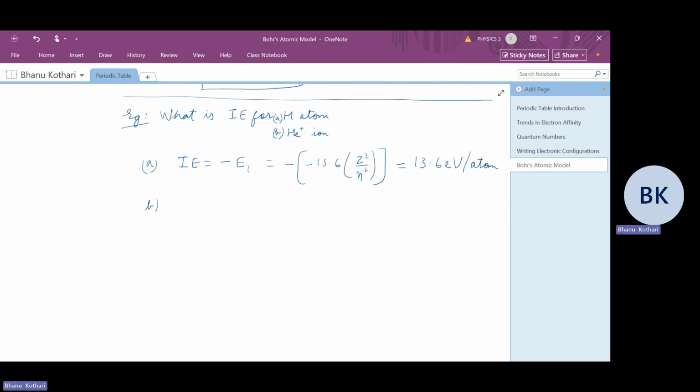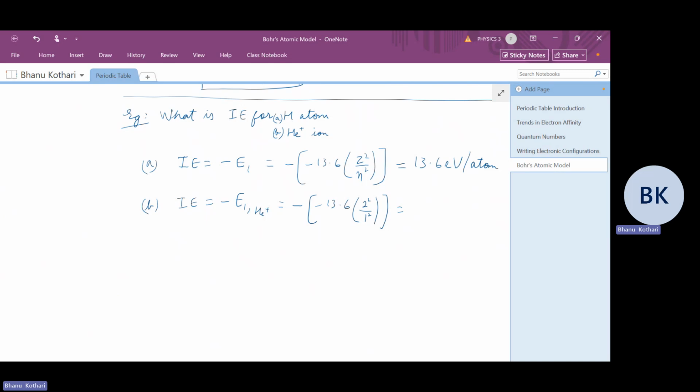Now the second question was the ionization energy of helium plus. What will be the ionization energy of helium plus? It will be minus of E1 for helium plus. So what will this be? Minus of minus 13.6 times Z square upon n square. What is Z? For helium plus, Z is equal to 2. So 2 square, and n is equal to 1, this is the first orbit we are talking about, 1 square. So it will be 2 square, 4 times 13.6. Minus minus will be plus.